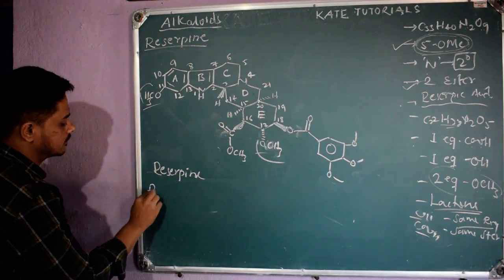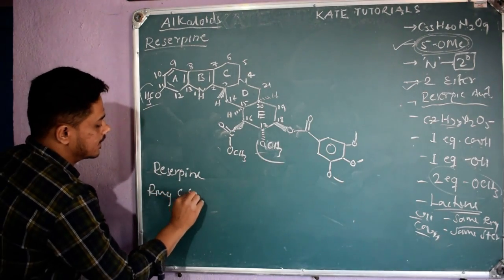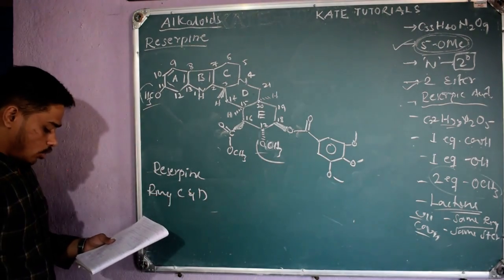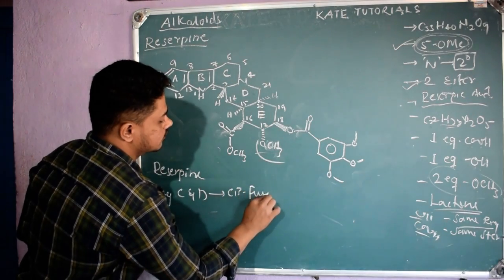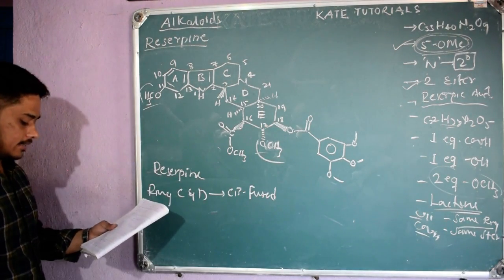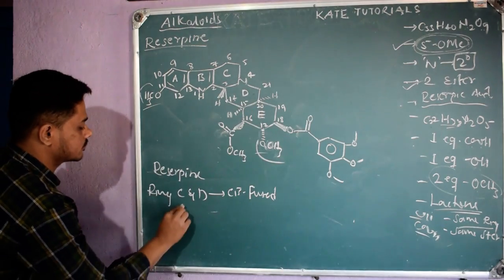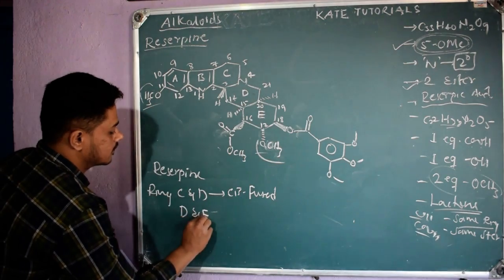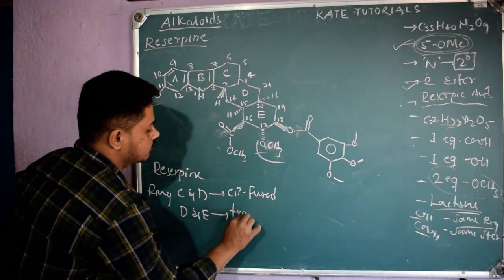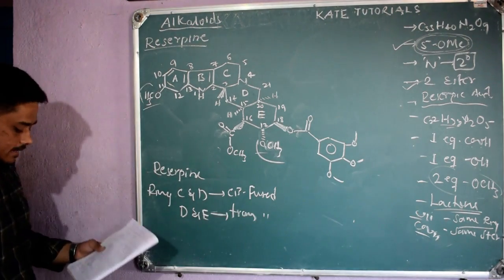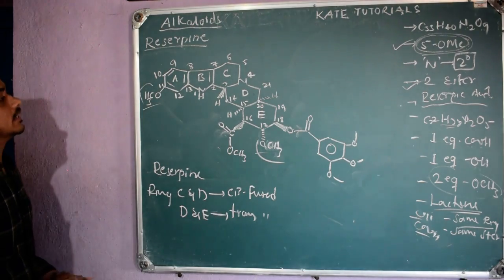So rings C and D are cis fused, and rings D and E are trans fused. So these are the stereochemistry.